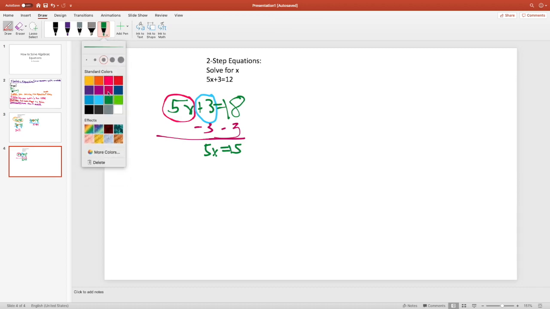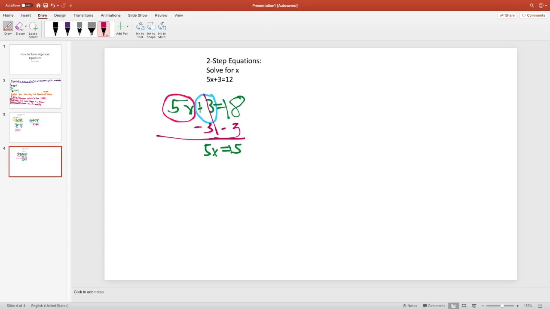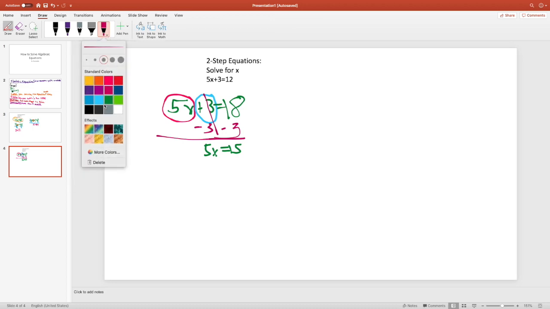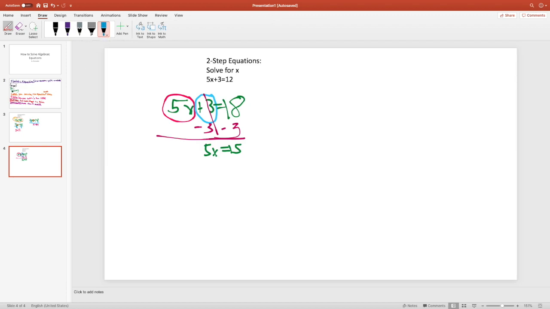The 3 minus 3 cancels out, which eliminates it. So now we have 5x equals 15. This looks familiar, doesn't it? It looks like a one-step equation. The variable is being multiplied by 5, so we are going to divide by 5 to isolate the variable, so we only have x.